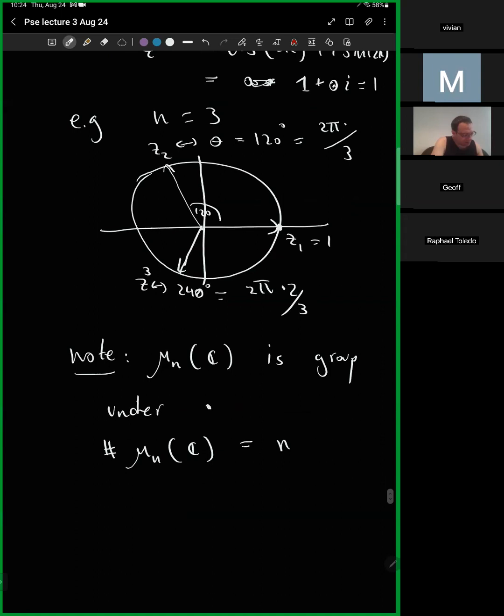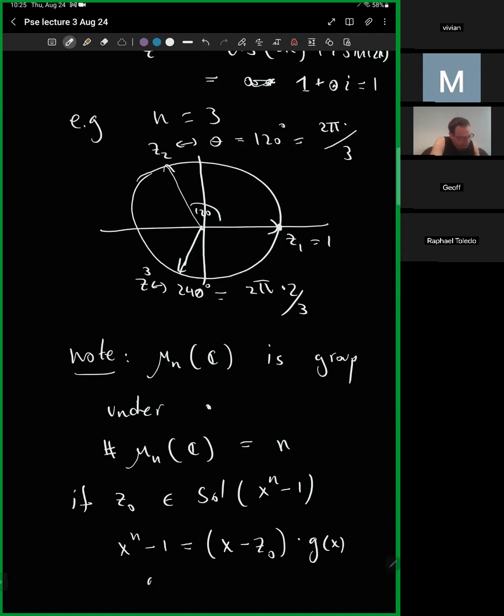Because in fact, whenever Z0 is a solution to the polynomial x to the n minus 1, for example, then you can write x to the n minus 1 equals x minus Z0 times some polynomial g, such that the degree of g(x) is strictly smaller than n.